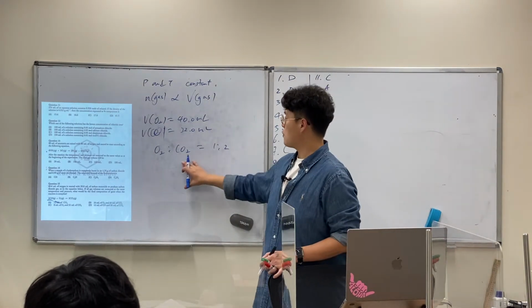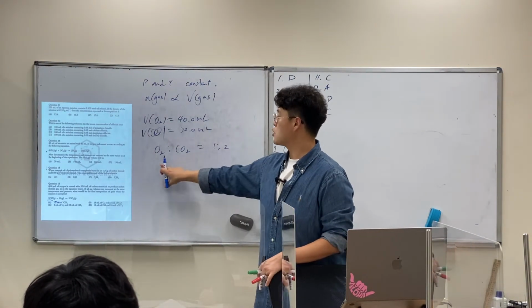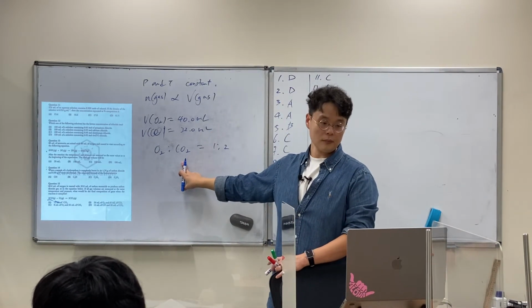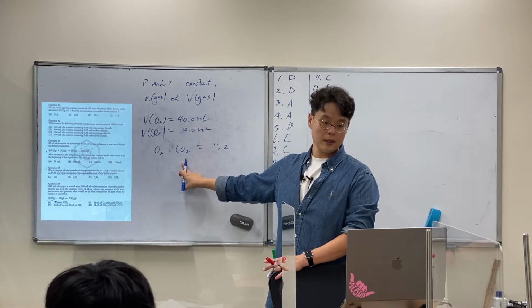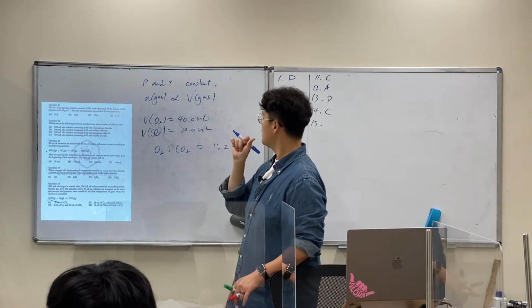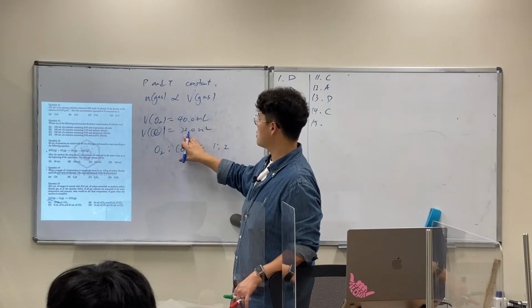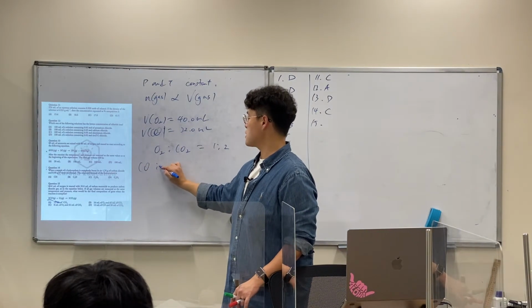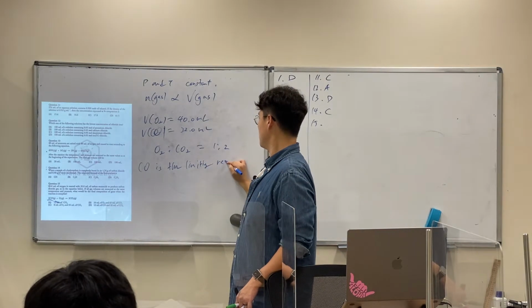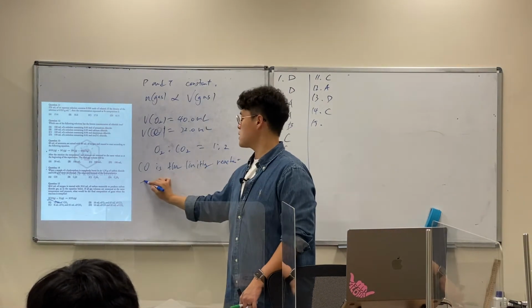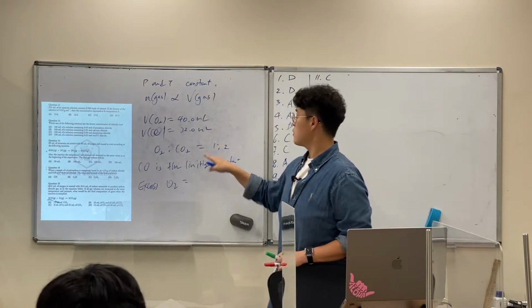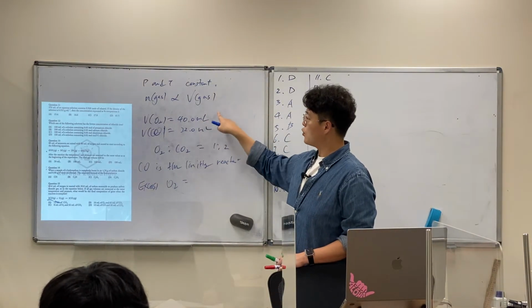So for the 40 mL of O2, 80 mL of CO would be required, which means CO is the limiting reactant, so there will be excess O2.